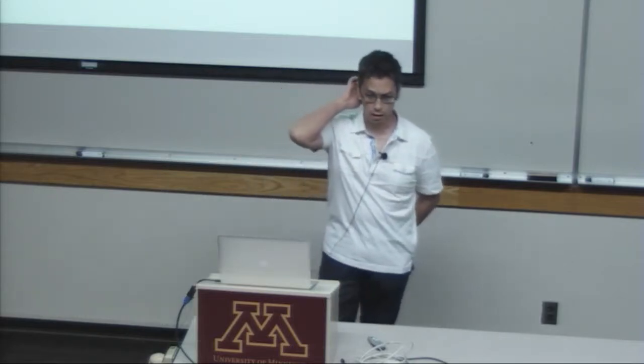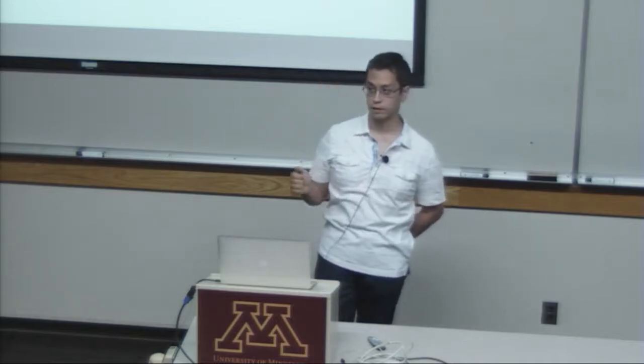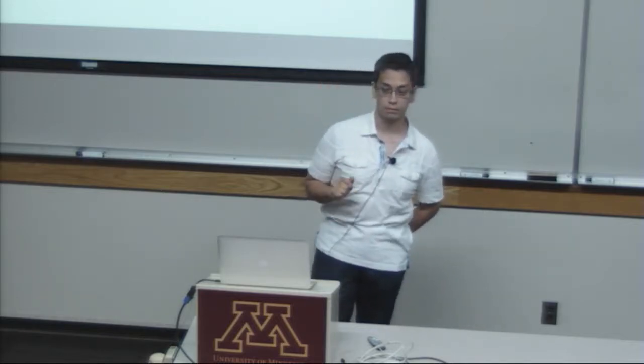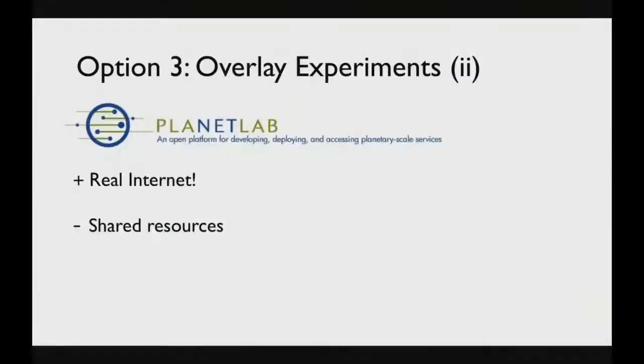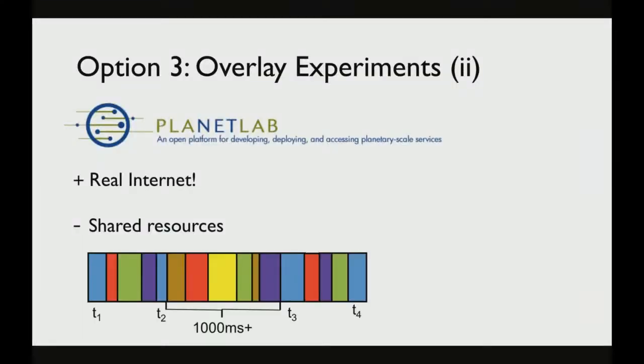Then there's another option with overlay experiments, which is PlanetLab. So here you have the advantage that you get the real internet, so that's good. But one problem is you have some shared resources. In PlanetLab, you get these things called slices. So you get a VM, and your VM gets into a node for a period of time, and it can send some network packets, or it can pull some network packets out of queues that have collected those network packets in the time that it was kicked out, but then you get kicked out.